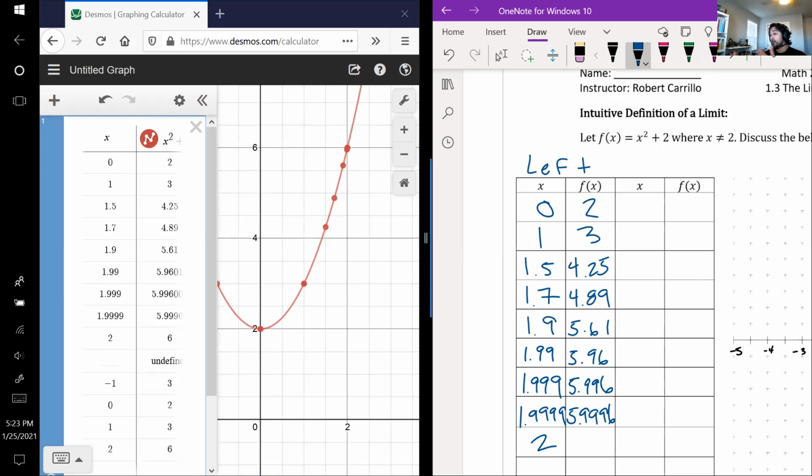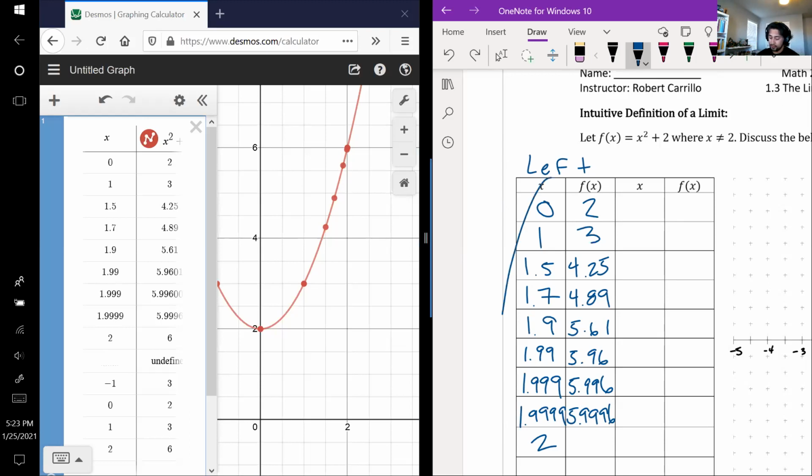And then we see that as X starts getting closer and closer to 2, my Y values are getting closer and closer to what number? 6. 6. Good. I'll say that one more time just so you get it.